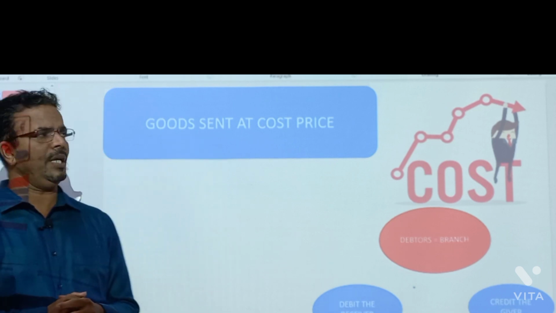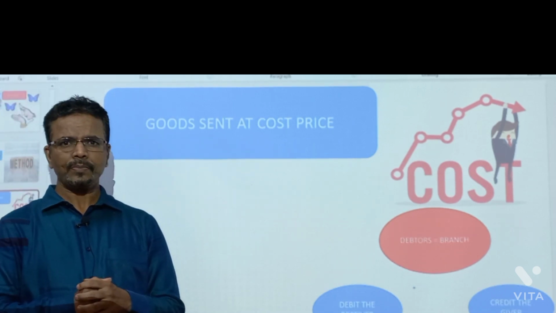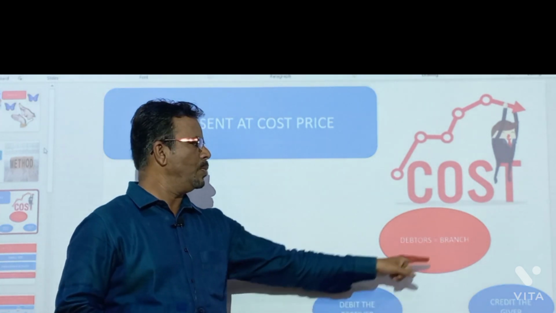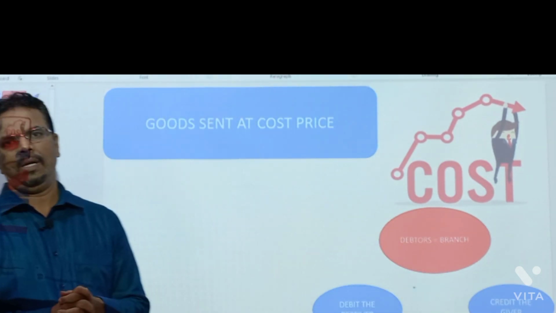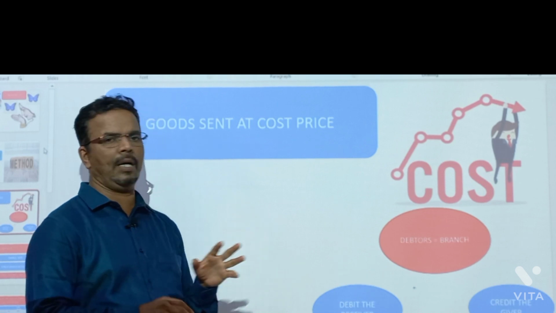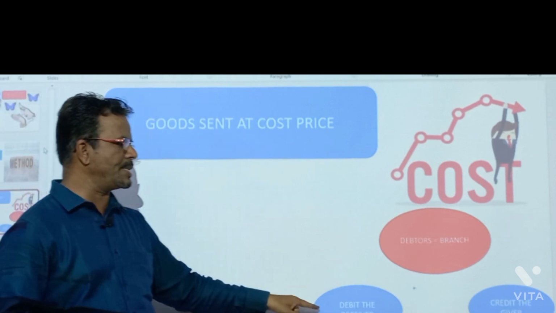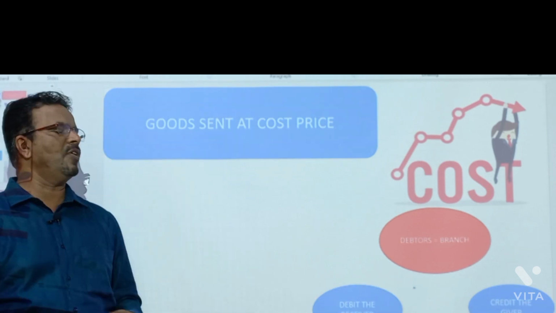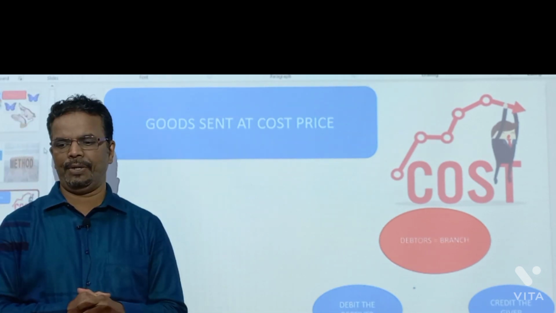Now, whenever HO records the journal entry, from the HO point of view, the branch is a debtors account, and debtors is a personal account, and for a personal account we debit the receiver and credit the giver. We have to keep this point in mind for passing the journal entry.